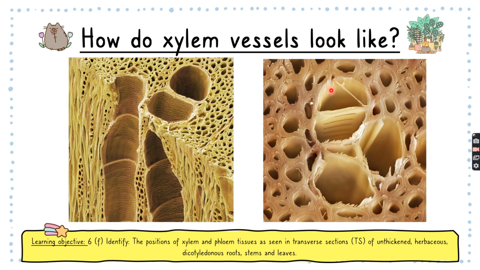So xylem vessels, if you just imagine individual cells that are stacked up like pancakes, you know those pancake cakes thingies? I don't know what they're called, but they kind of put layers and layers of it. It's not pancake, what is it called?